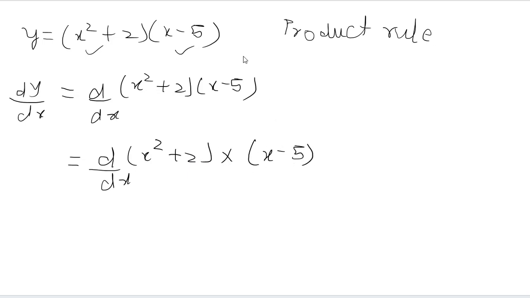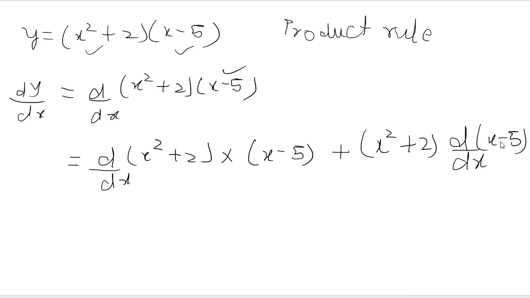This part is not touched at all. Now we keep the first one waiting and then we find the derivative of the second one. So the technique is simple: when two things are multiplied, find the derivative of the first, keep the second waiting. Next, you keep the first waiting and then you find the derivative of the second.